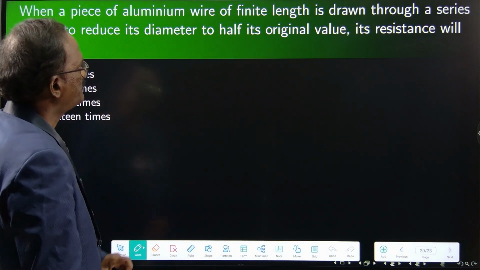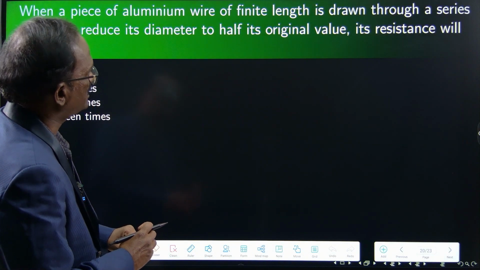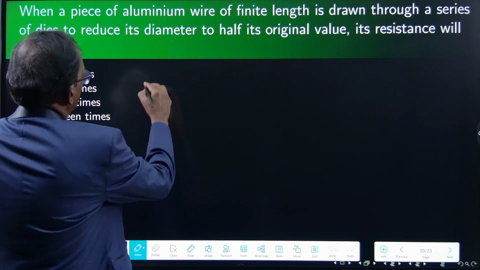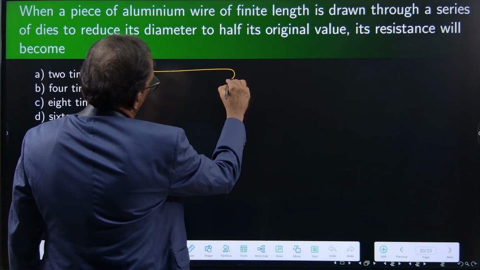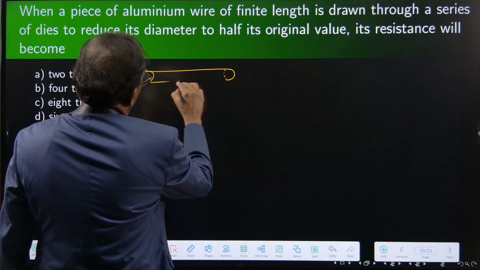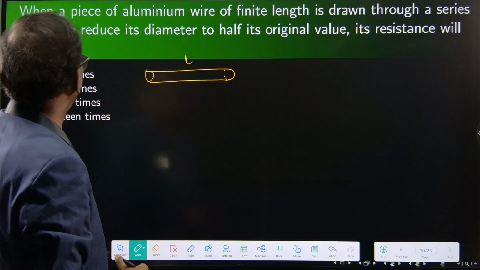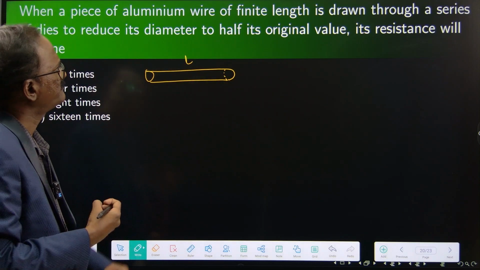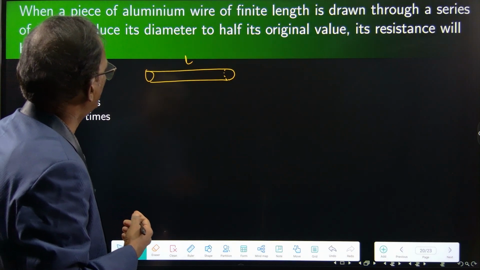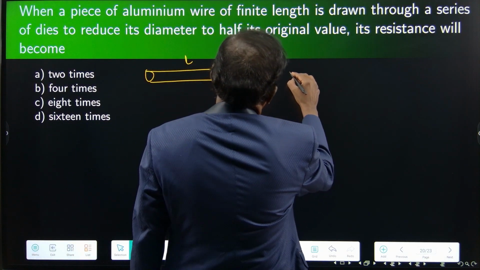When a piece of aluminum wire of finite length is drawn through a series of dies to reduce its diameter to half its original value.